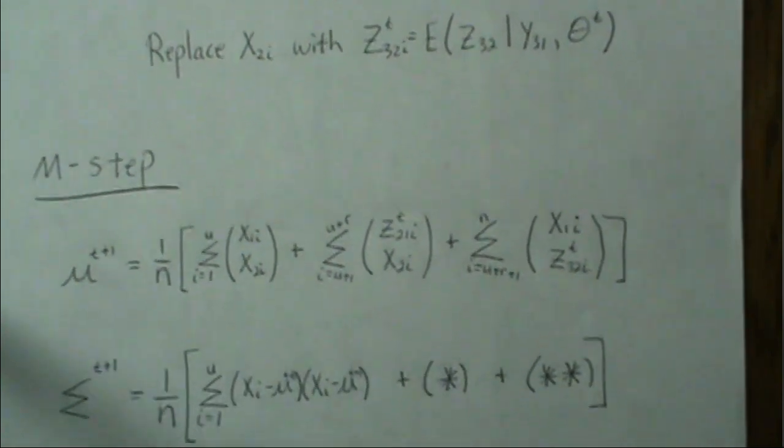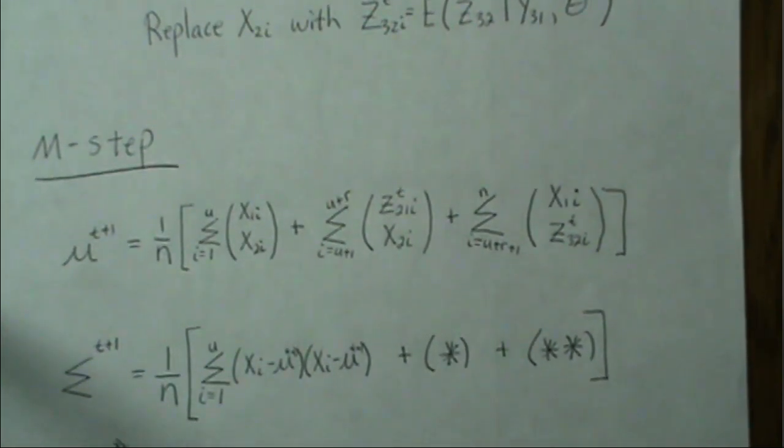So for the maximum likelihood estimate of sigma squared, if we knew everything, we'd just sum from 1 to n of these observations, but we don't. So we have to sum the matrices over section 1, section 2, and section 3. But in section 2 and 3, we have to replace the missing with the expected value.